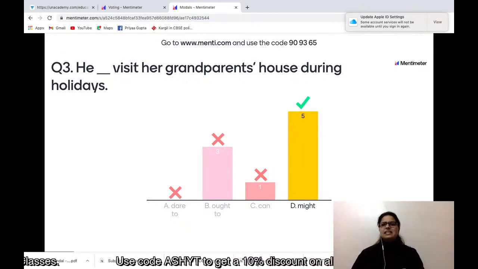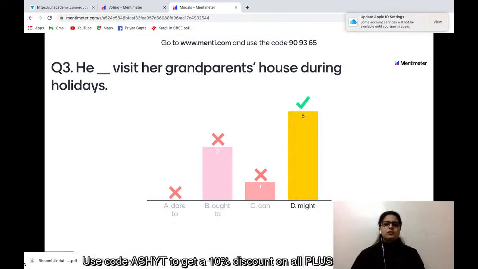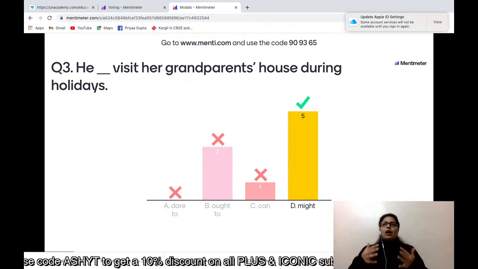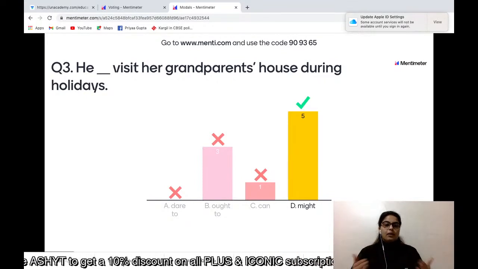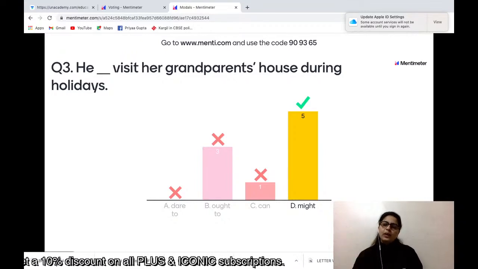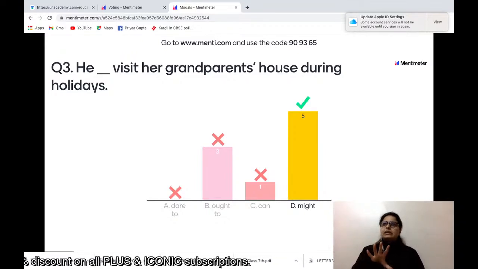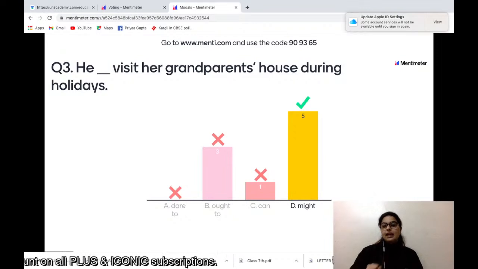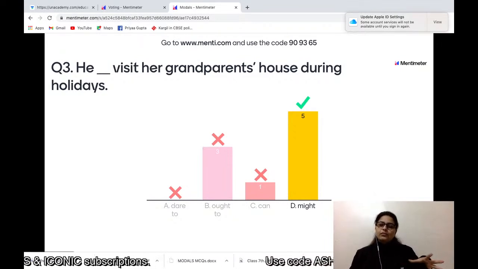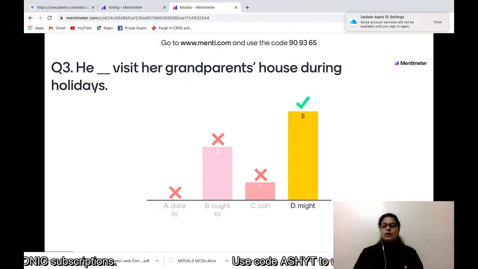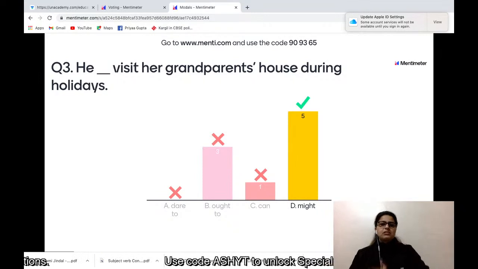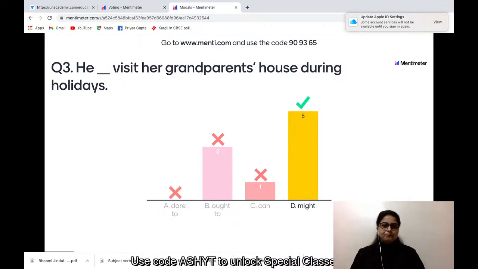When the possibility is less, we can use may, and when it is least, we can use might. According to yourself, you can set parameters. You can say, okay, when something can happen 70-80%, I'll use will. When it will happen like 50-60%, I'll use may. When it will happen 30-40%, then I'll try and use might. That's how we can do. And might, I just told you, can be used in past, present, as well as future.